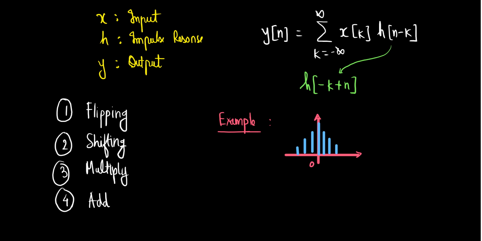Very simple signal. Let this be x of n, and let another signal be, let's say 1 over the same period.